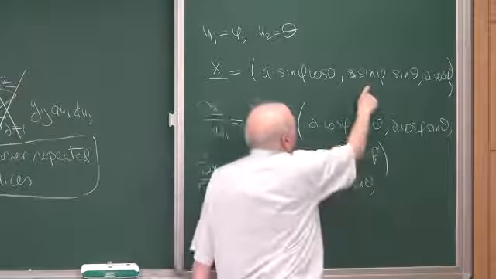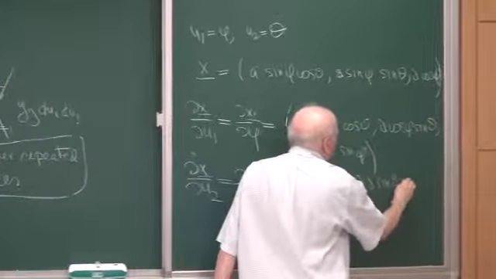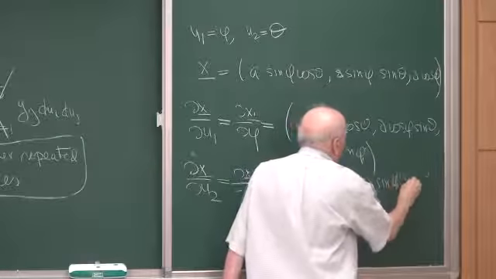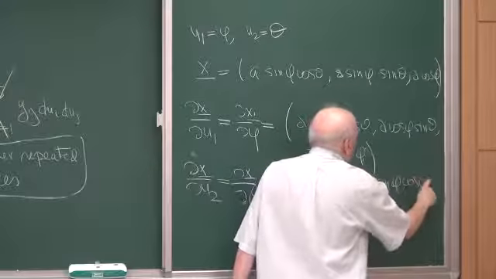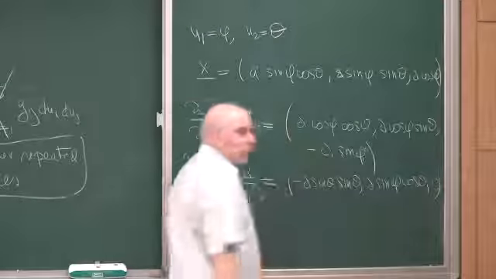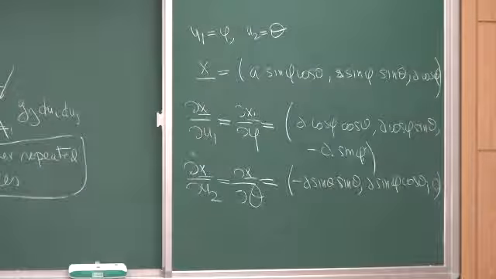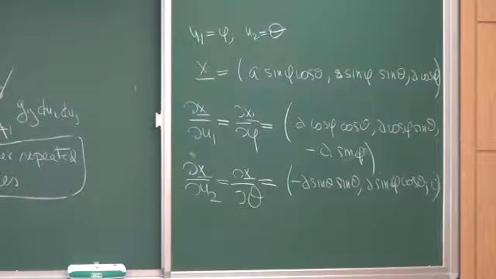The derivative of this one gives a cosine theta, so it's a sine phi cosine theta. And the last one is 0. So let's see if we can do this without making any mistake.